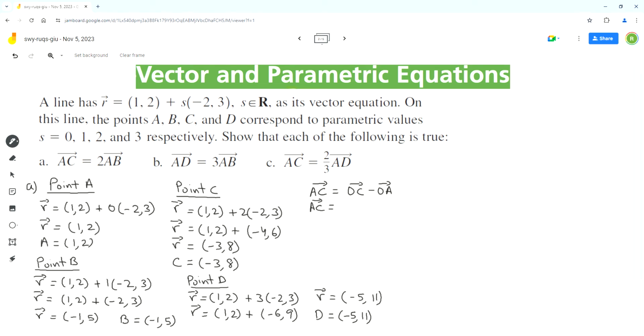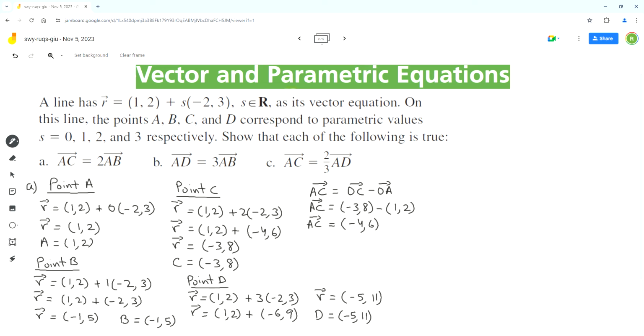We can use point C for position vector OC, and we can use point A for position vector OA. Now we can subtract the x and y components. So -3 minus 1 is equal to -4, and 8 minus 2 is 6. So this is vector AC.